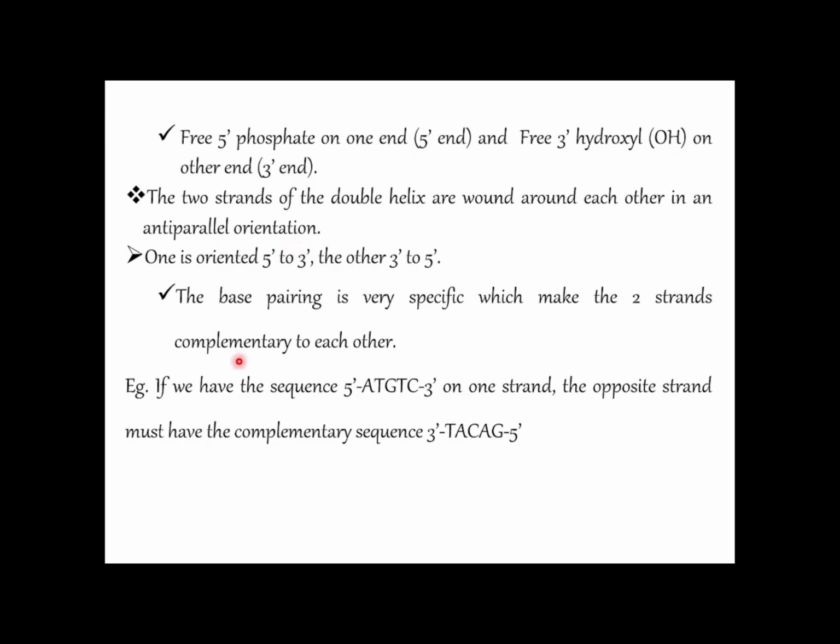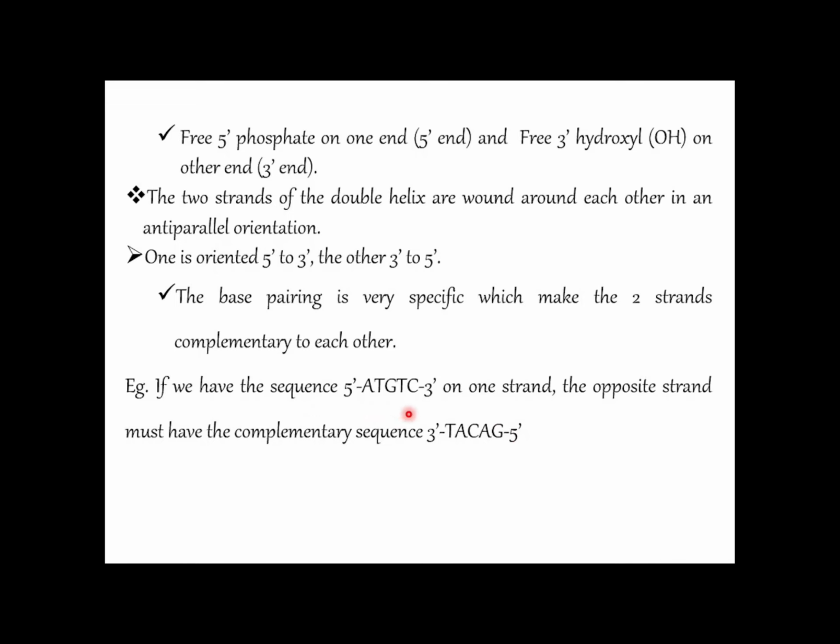For example, if you have the sequence 5' A T G T C 3' on one strand, the opposite strand could have the sequence 3' T A C A G 5'. They are antiparallel.